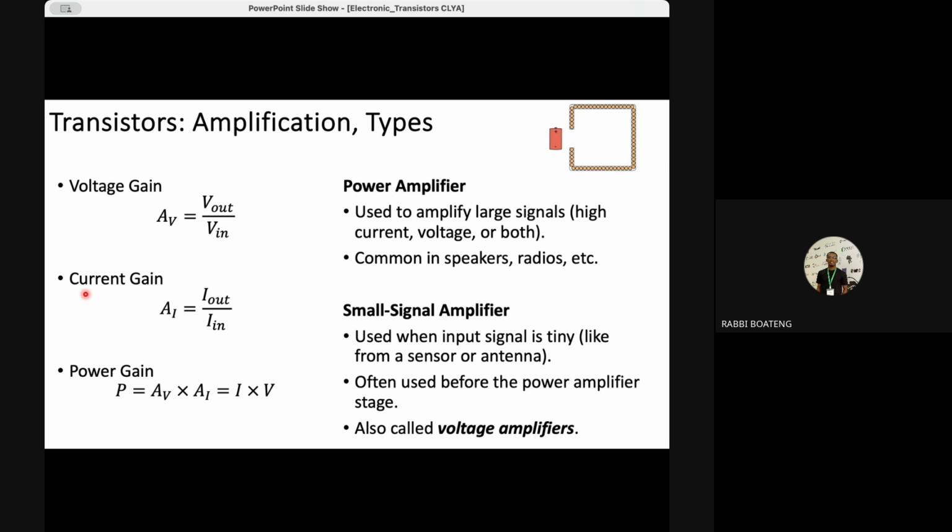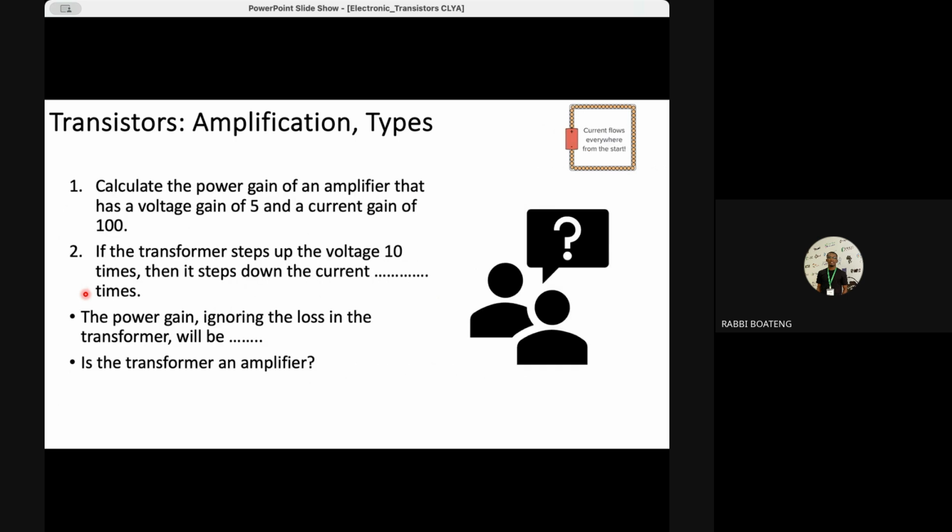So before we do that, let's try and do these two questions. I've even added in the question that the last question is whether a transformer is an amplifier. But before we do that, let's calculate number 1 and number 2. Maybe when you look at it, you can tell me the answer.